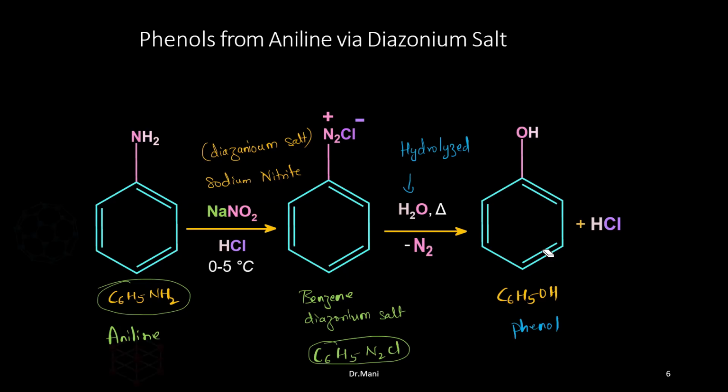Apart from the phenol, the N2 will be liberated as nitrogen gas as well. So you will get C6H5OH plus HCl plus N2. The reaction goes like this: C6H5NH2 plus NaNO2 plus 2HCl gives C6H5N2Cl plus NaCl plus 2H2O.